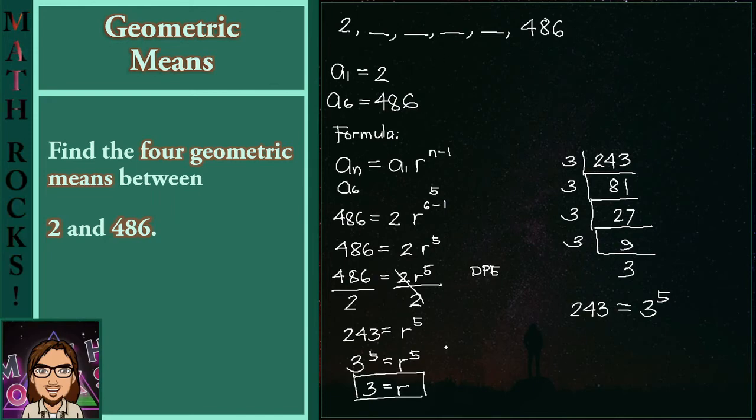Now, we use this common ratio to find the next successive terms after the first term, 2. That is by multiplying the 3 with the preceding number. If we multiply the 2 with 3, it gives us the next number, 6. And multiplying this again with 3, it gives us the next number, 18. So we merely have to repeat this process.